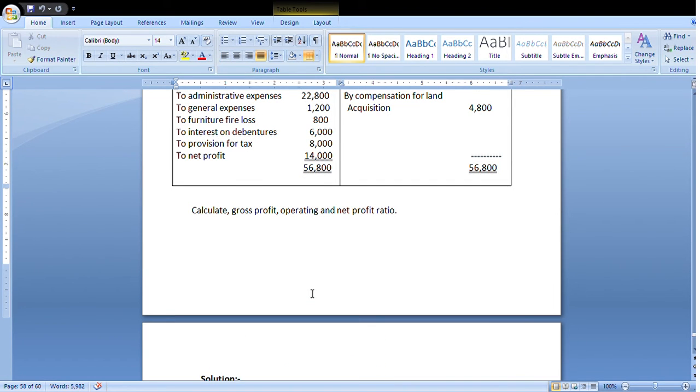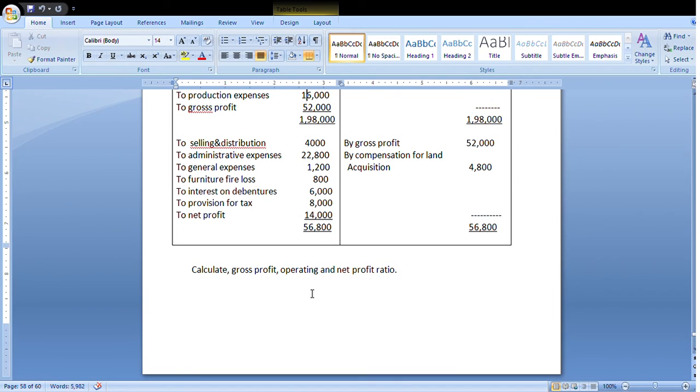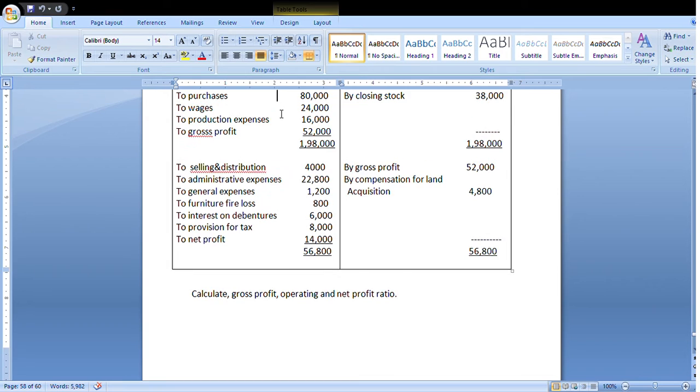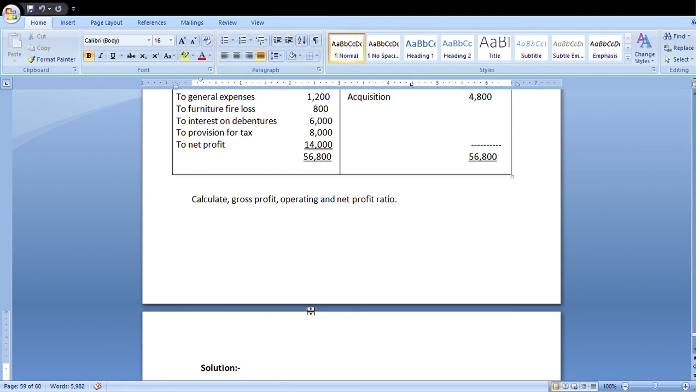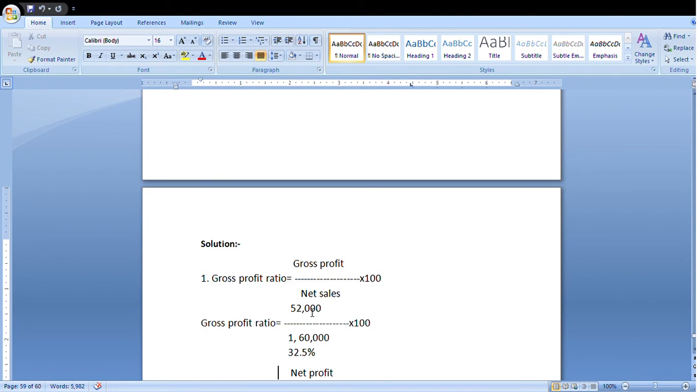So in the problem, this is the net profit, 14,000. You apply the formula. Net profit ratio is equal to net profit by net sales into 100.